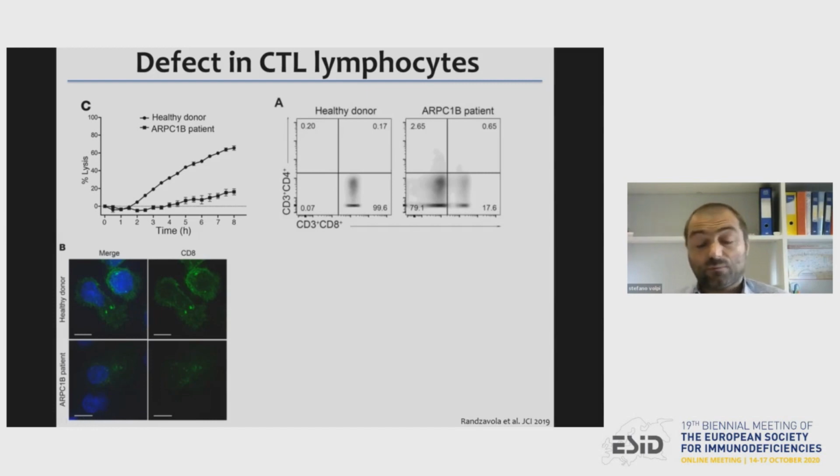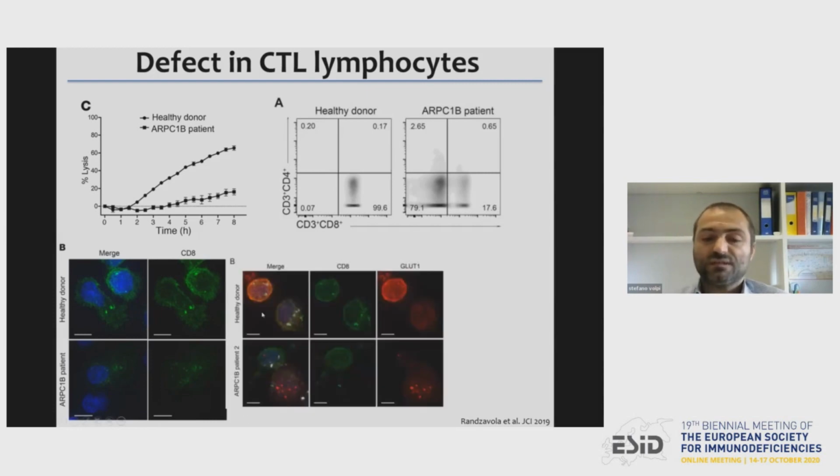Probably they show that this pathway is abrogated in patient cells, and there's intracellular staining of CD8, so it is not recirculating, in the lower panel patient cells, but also of other proteins that are known to recirculate in this way, such as GLUT1, that is a glucose channel, and here you see a punctate staining inside the cells.